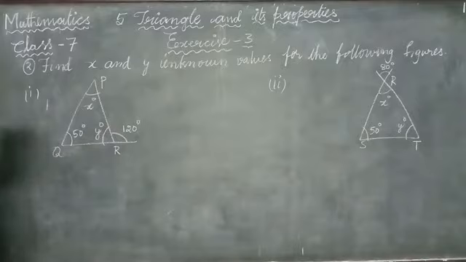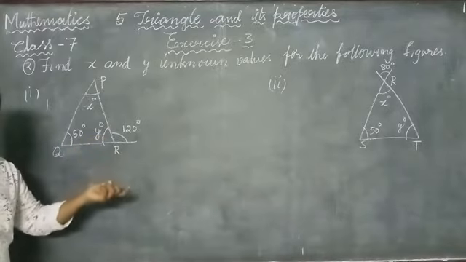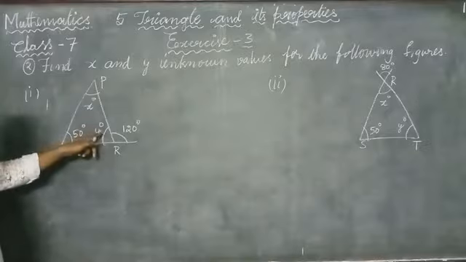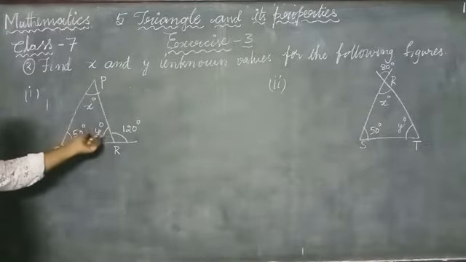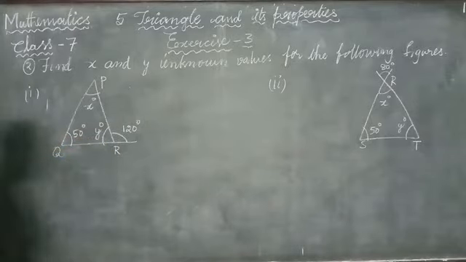angles. Okay, suppose if you see the linear pair of angles, the sum of linear pair equals 180 degrees. So the angle y equals 180 minus 120, so y equals 60 degrees.